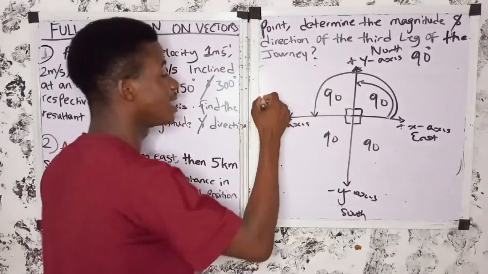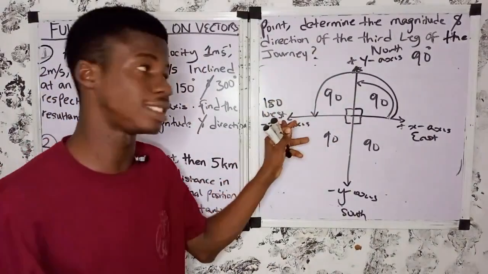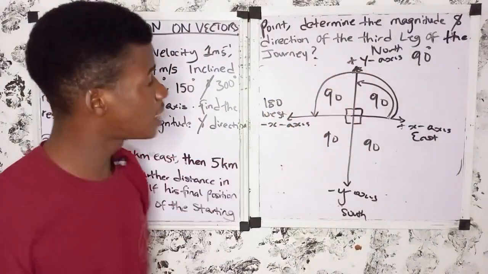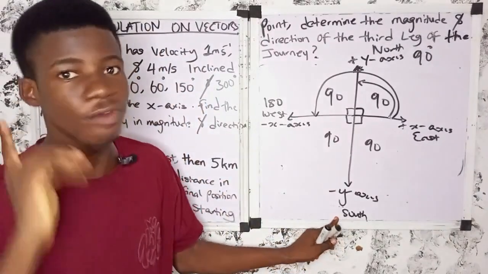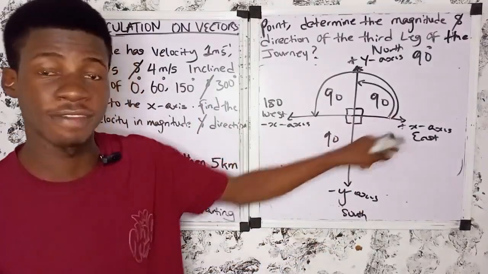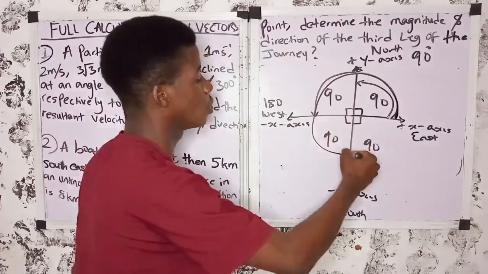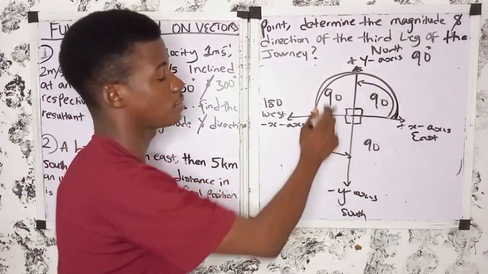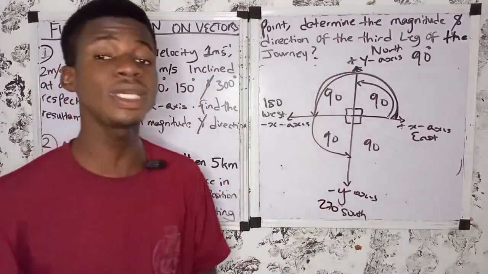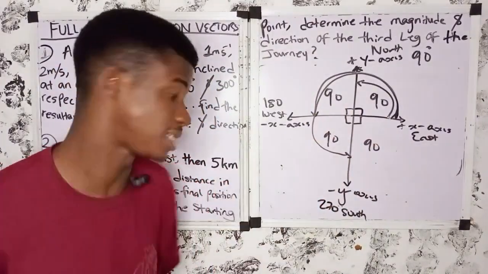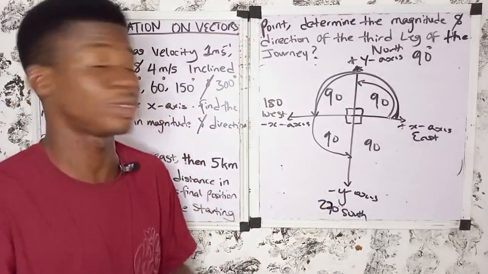So the west direction is 180 degrees. Now, what about the south direction or negative y-axis? Making reference to the positive x-axis, 90 plus 90 plus 90 gives us 270 degrees. So the angle in the negative y-axis, the south direction, is 270 degrees. This is very important, because we make use of them later.